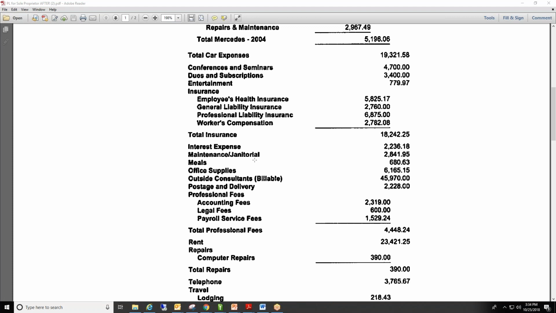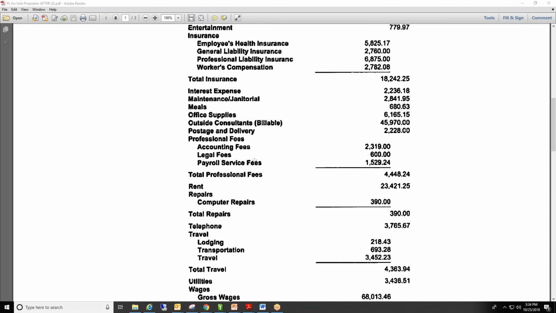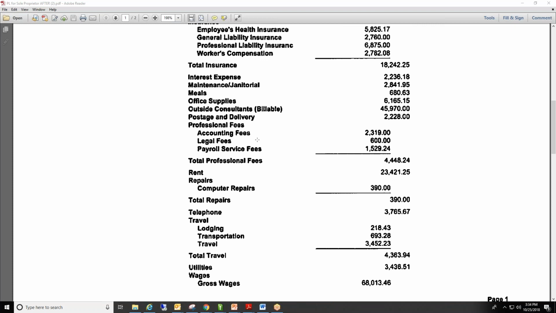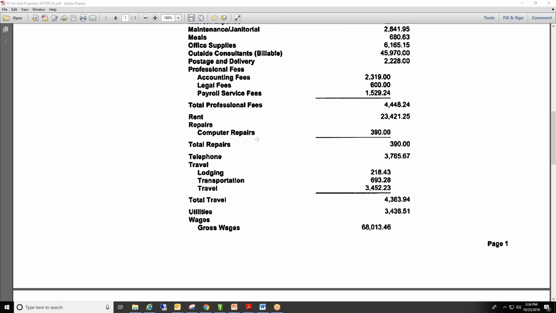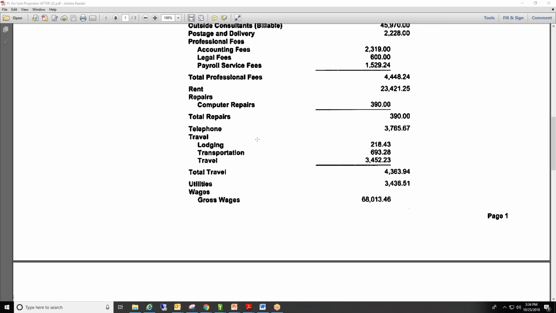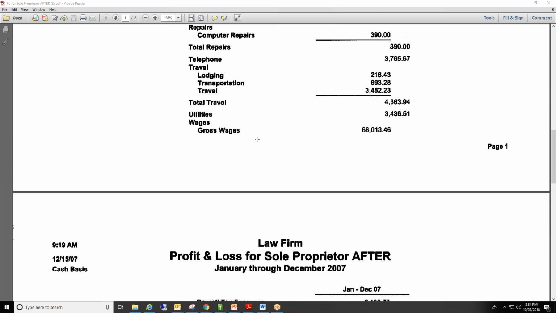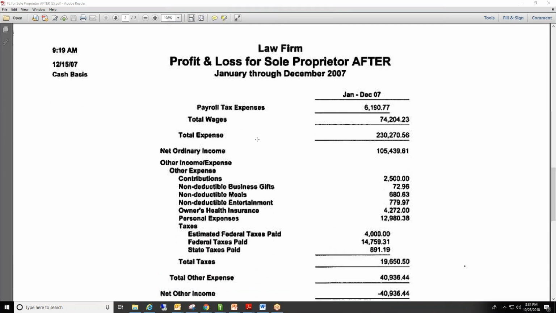So interest, maintenance, meals, office supplies, postage, professional fees, rent, computer repairs, telephone, travel, utilities, gross wages, and then the total expenses down here. And then you'll notice, oops-a-daisy, net ordinary income. So if this were a sole proprietorship, you could take the 105,000 and multiply that by 15.3%.